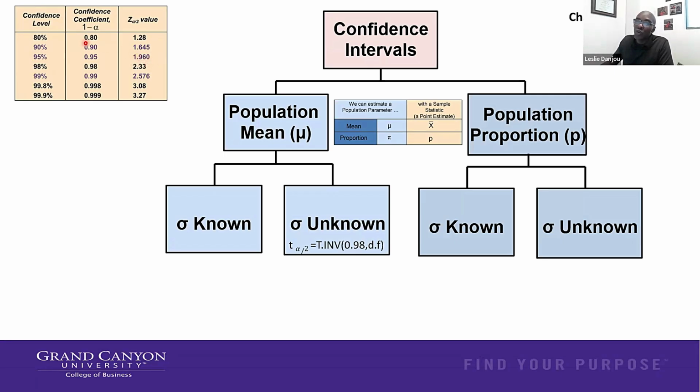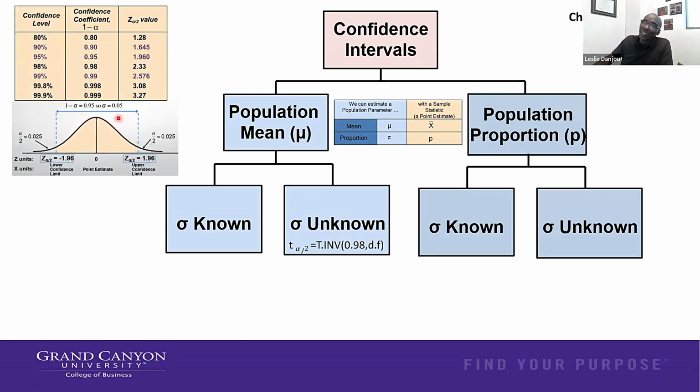Once we know the confidence level and the z value, can we find the x value? Yep, we can. But for the most part, we're going to be using 90%, 95%, and 99%. And these are the z values. These do not change. They're always consistent.